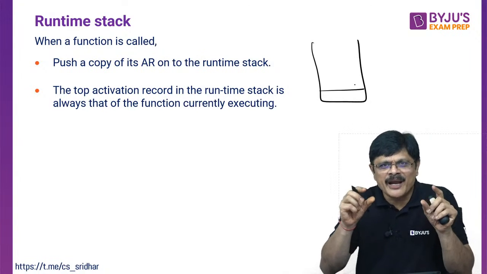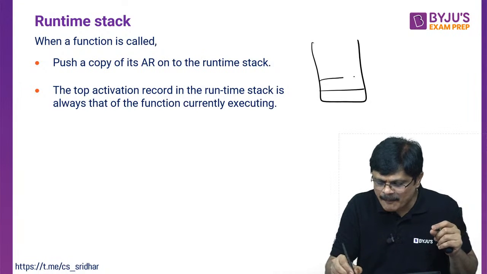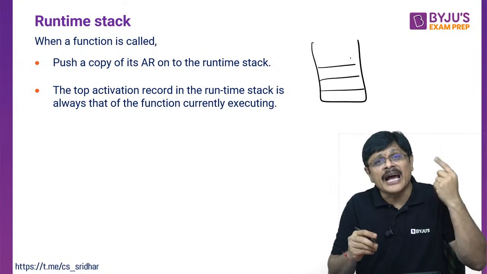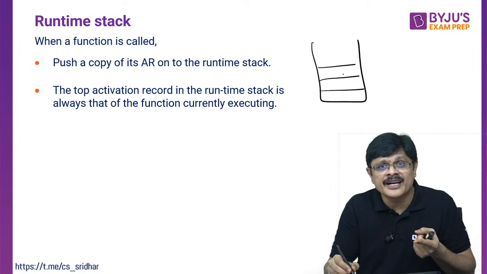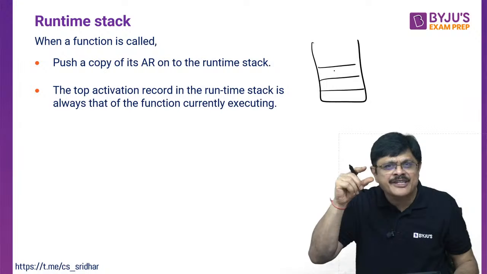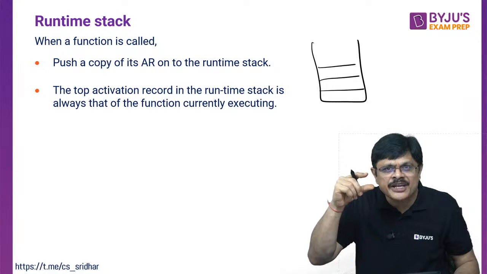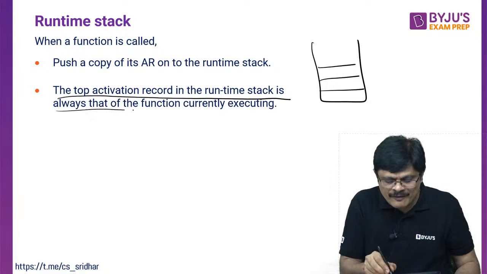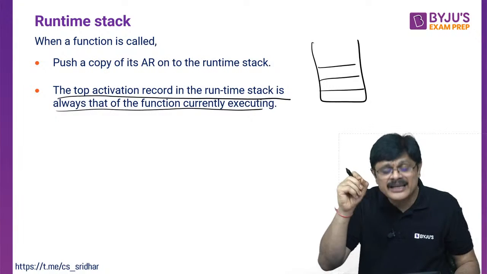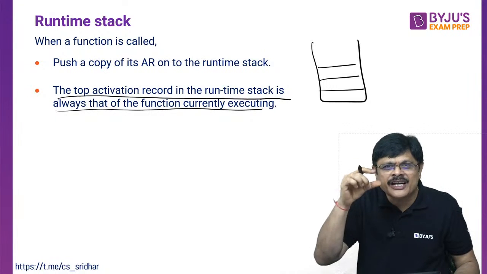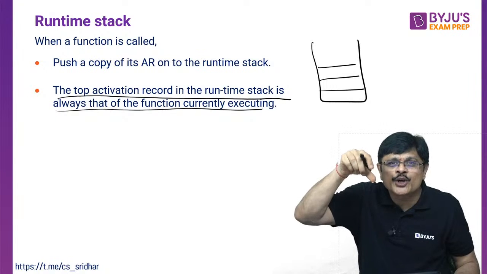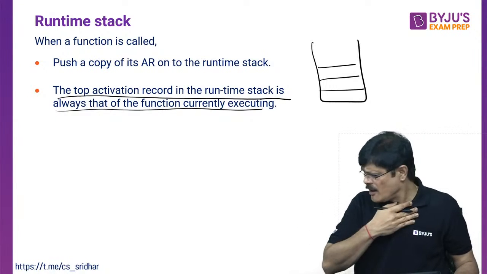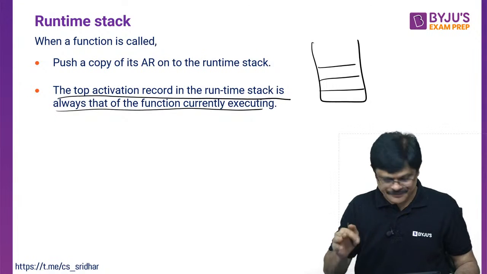First, the main function's activation record is created. Main calls another function, and that function's activation record is created. This function calls another function, and that function's activation record is created. So on the top, which activation record will be there? The top activation record in the runtime stack is always that of the function currently executing. Whatever function is currently executing will be on the top of the runtime stack.